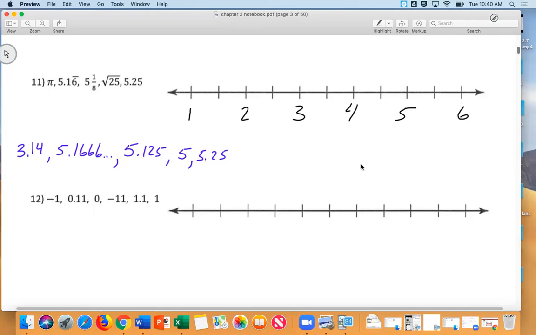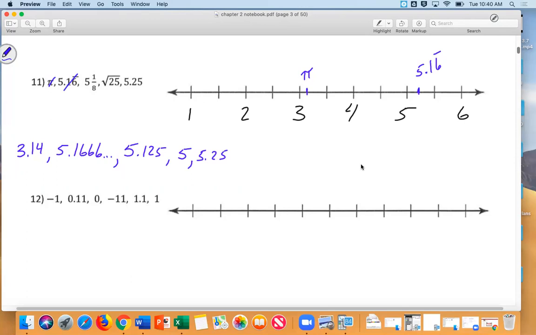So let's plot 3.14, which corresponds to pi. 3.14 is right about here. I'm just going to write pi because that was 3.14. 5.166 is going to be right about here, and that corresponded to 5.16 repeating. So I took care of that number.